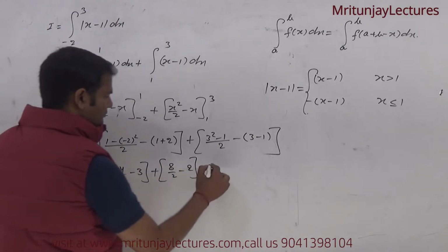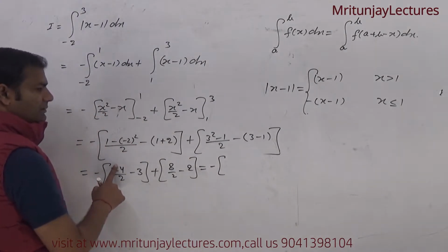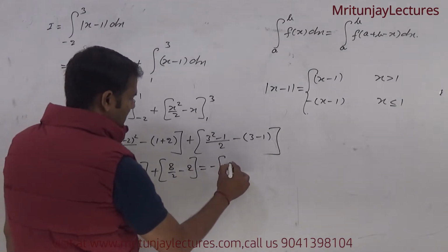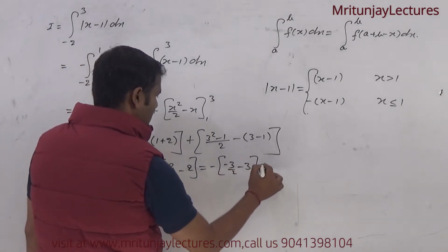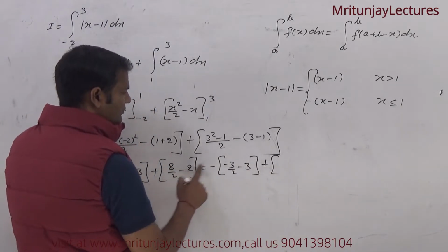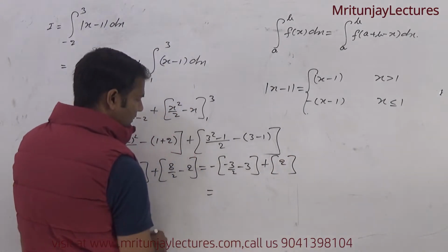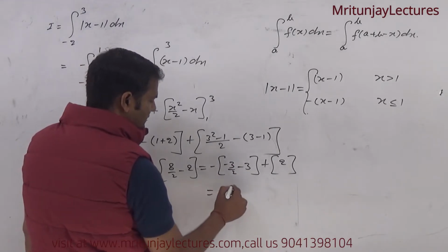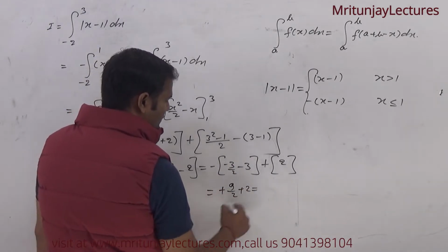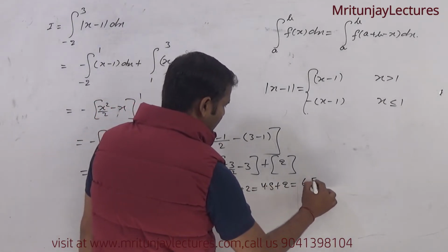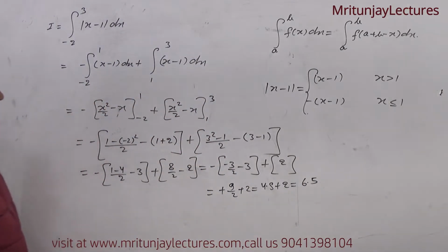So minus of (minus 3 by 2 minus 3) plus 2, that is 9 by 2 plus 2, so that is 4.5 plus 2, that is 6.5. Okay.